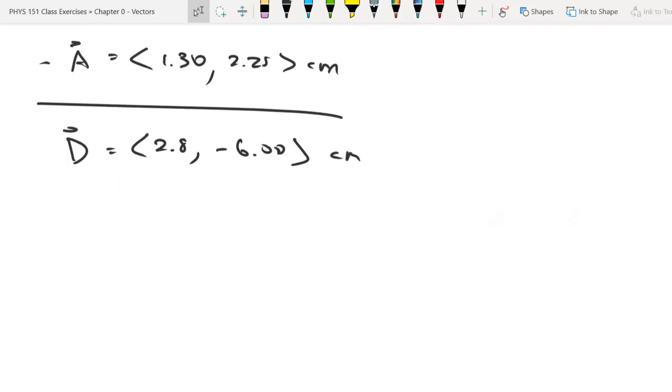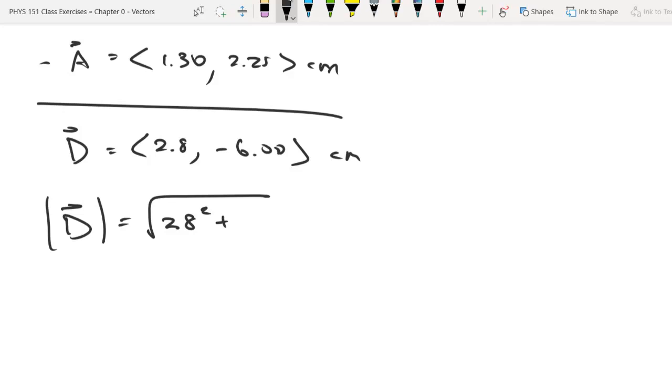And then for the magnitude and angle, I have the Pythagorean theorem, right? So the magnitude of D is going to be the square root of 2.8 squared plus 6 squared, because it's the same thing. And this is equal to 6.62 centimeters. This is the magnitude of vector D.